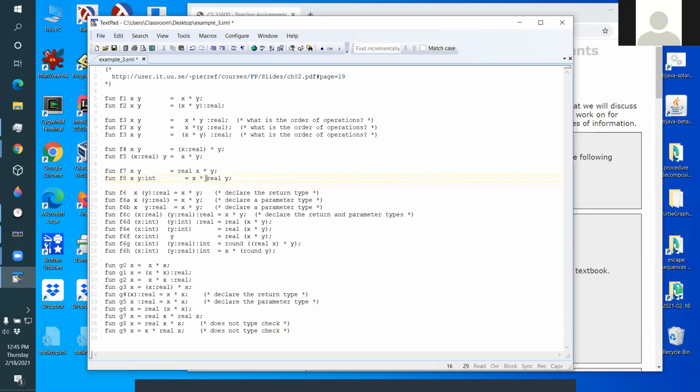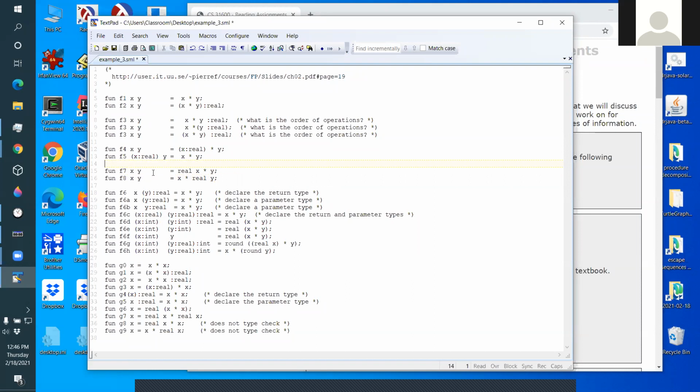So real number times X means that X is now, we know, a real number. So thinking like the compiler, we know that this one goes X real, Y int. The other one was X int, Y real. So that's just learning to think like ML does.